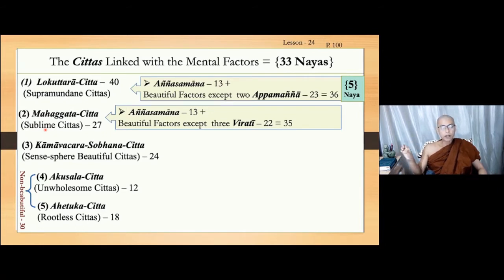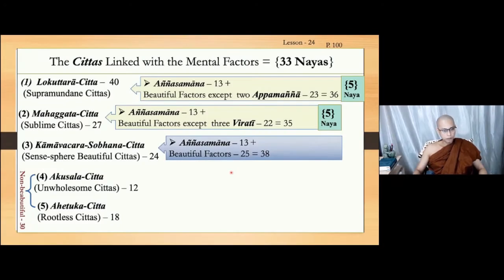Most of them take the concept of Patibhaga Nimitta. And two of the Arupa Citta take the Mahaggata, the previous consciousness itself, as their object.